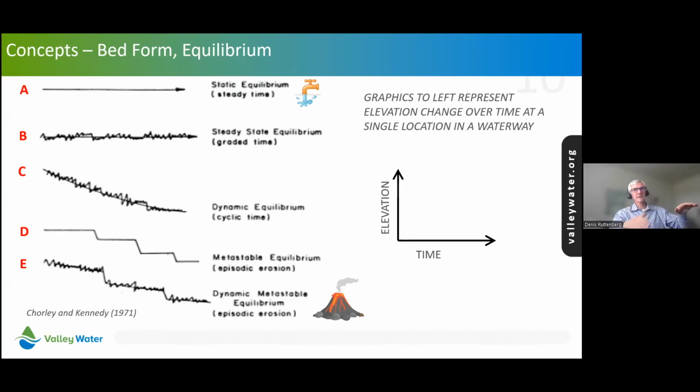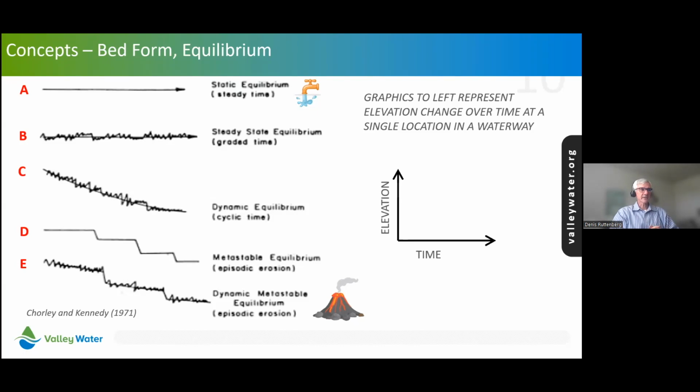So you'll have a trend going downward, but then you have lighter oscillations. Metastatic equilibrium is when you might say have a dam break or something blowing out in your stream. Just a very abrupt and severe change.